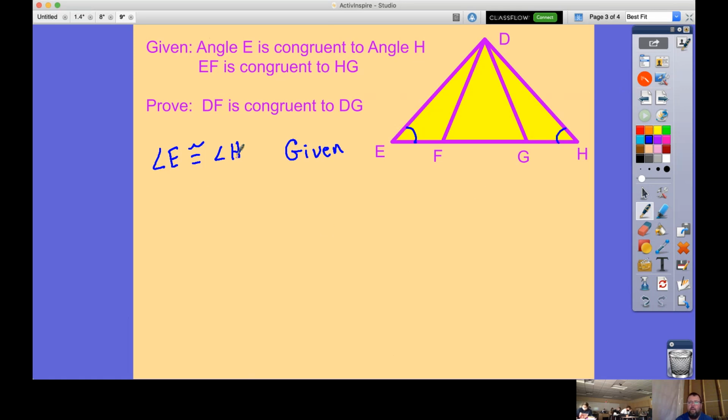All right, from there, EF is congruent to HG. We also know that to be given. All right, so those are the bottom two.